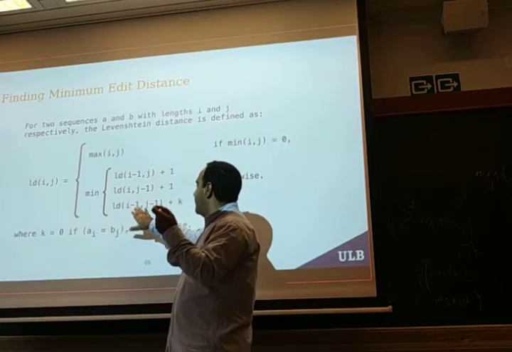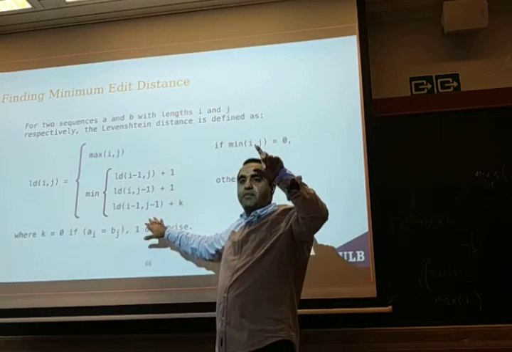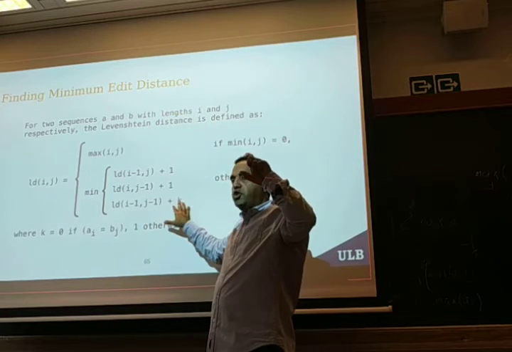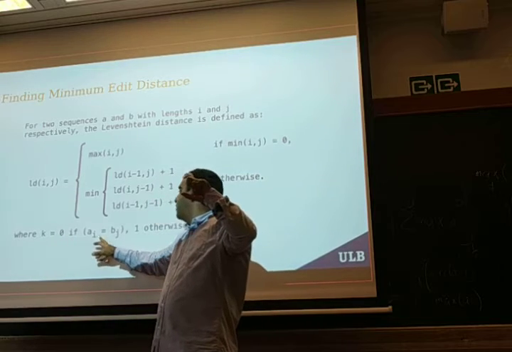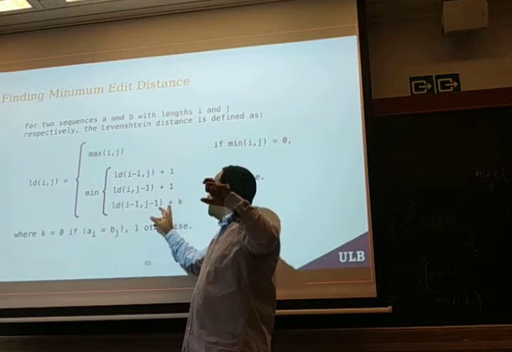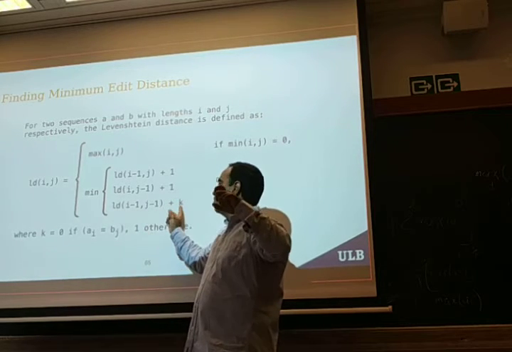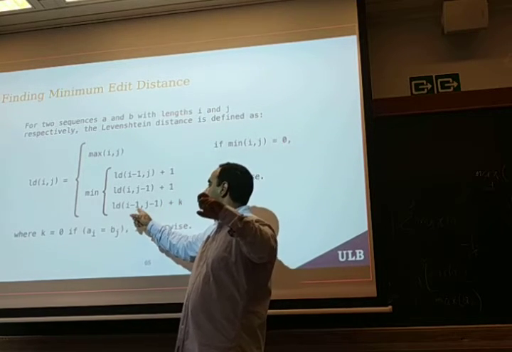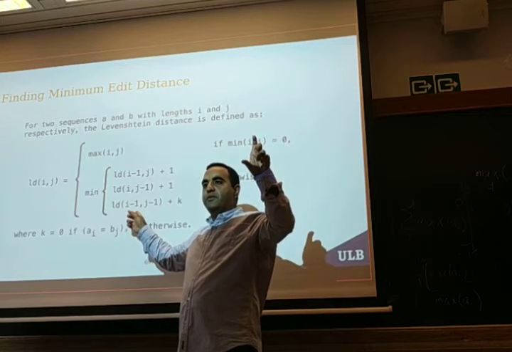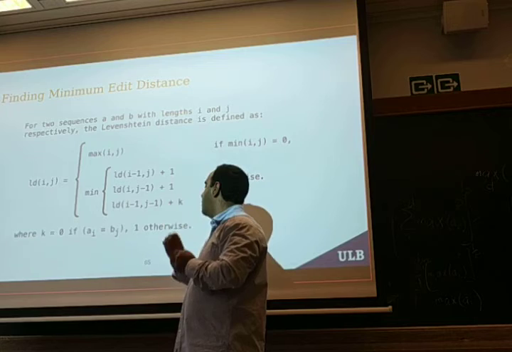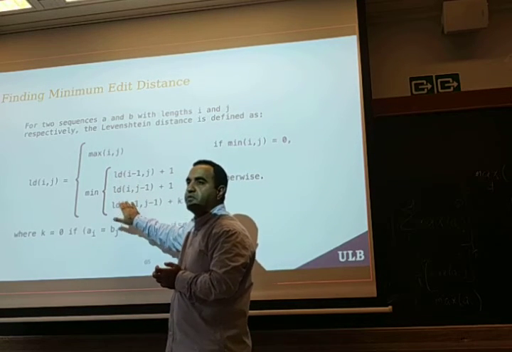So if the 2 characters that I'm examining now match, then k is 0. k is 0 if the 2 characters match. If they don't match, then I replace and penalize with 1. So I take the distance before this step and then add a 1 or a 0. You get the point? And of course, all these are recursive.